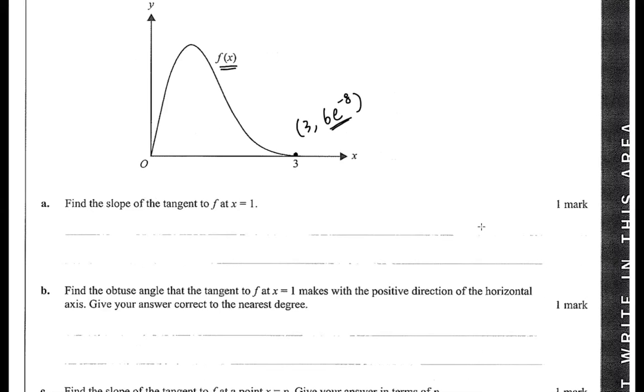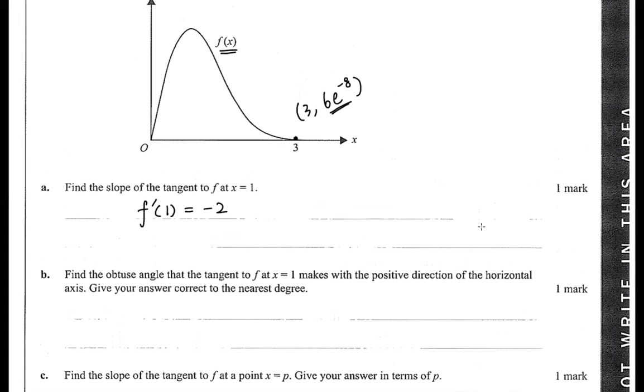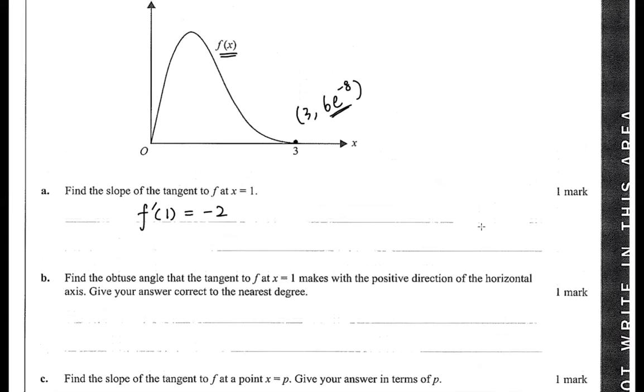Of course, you need to define this function. Let's say f dash 1 is minus 2. Find the obtuse angle that the tangent to f at x equals 1 makes. Okay, so this is 2, this is 1. Roughly, the tangent line should be drawn like this.